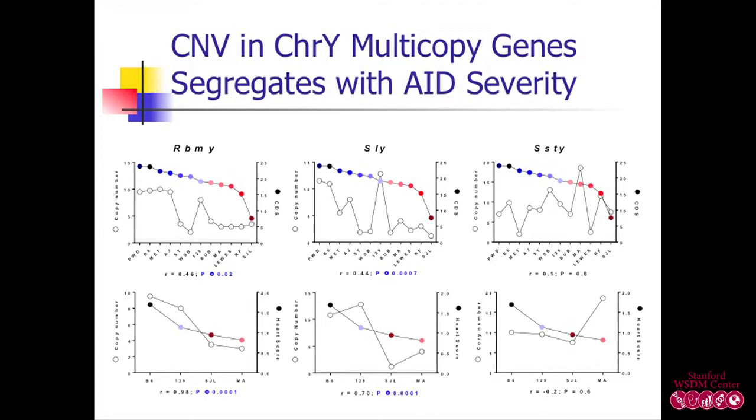And as a control, we looked at SSTY, and there was no correlation of SSTY copy number with myocarditis or EAE susceptibility. So we in part fulfilled the requirement of the Drosophila model, in that copy number variation correlates with differences in disease severity and susceptibility amongst different males having the same identical genetic background.